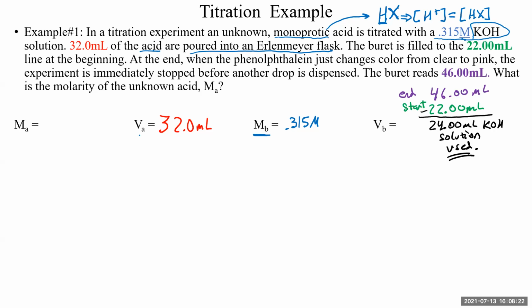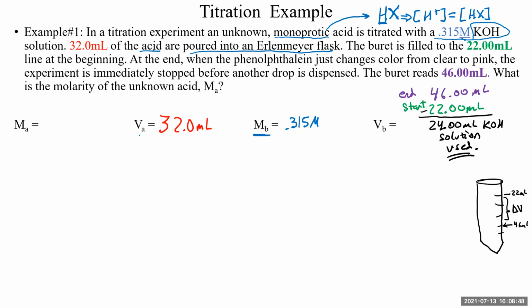It's the amount that we used. If we started at 22 milliliters and then we ended at 46 milliliters, then we used the difference between 46 and 22. That's our change in volume in the burette. That's how much we used.